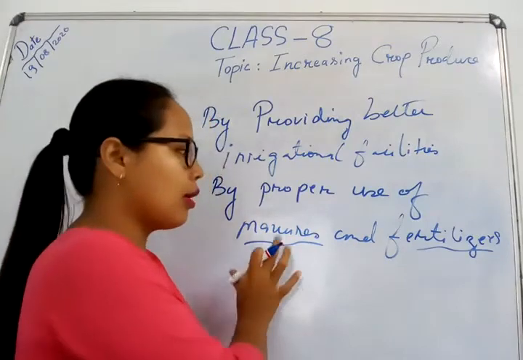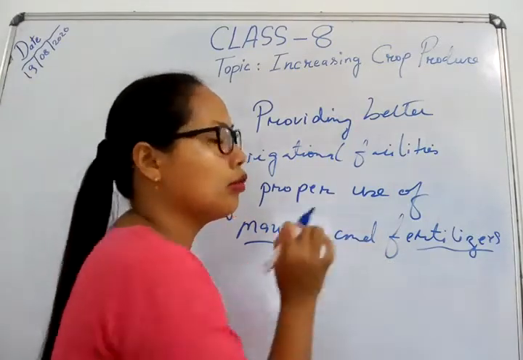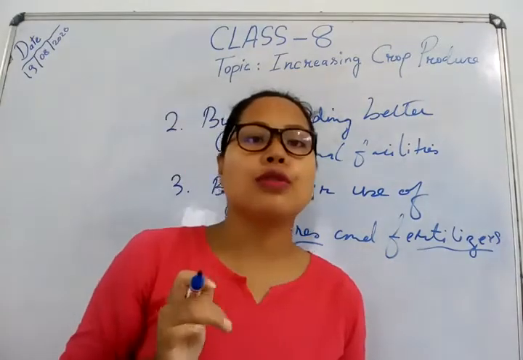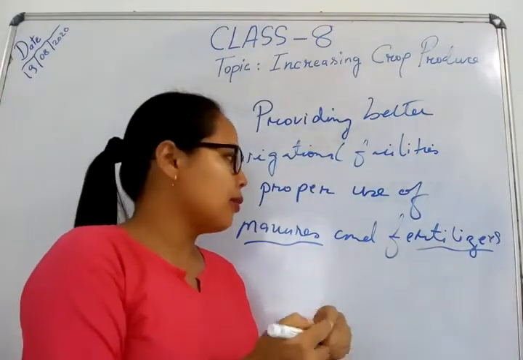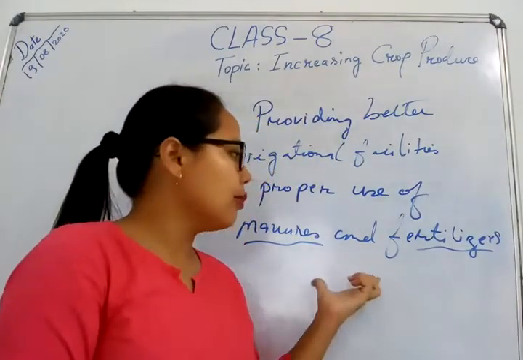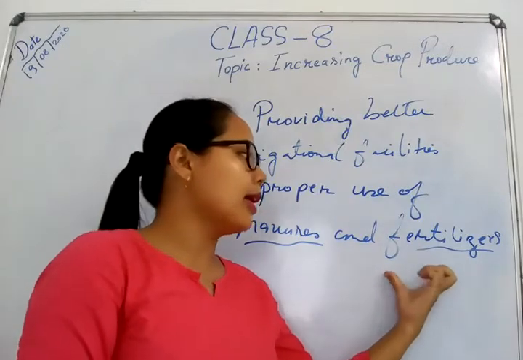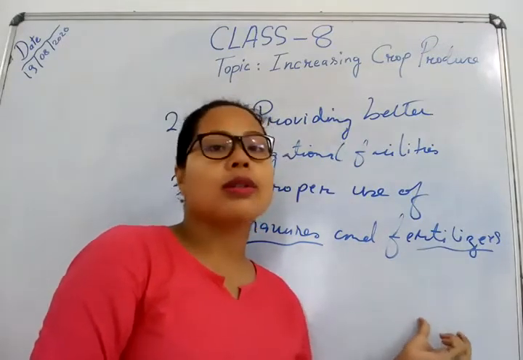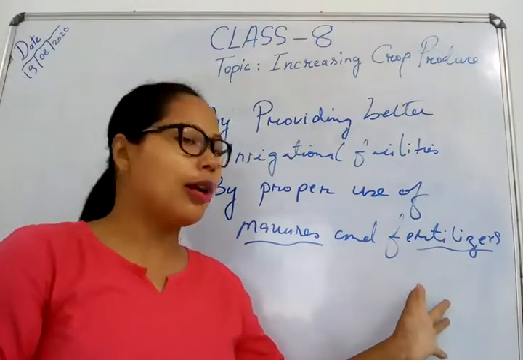The accurate and right amount of fertilizer should be given to the crops. Otherwise, this will turn negative. If you give too much fertilizer and manure, it may cause harm to our soil.